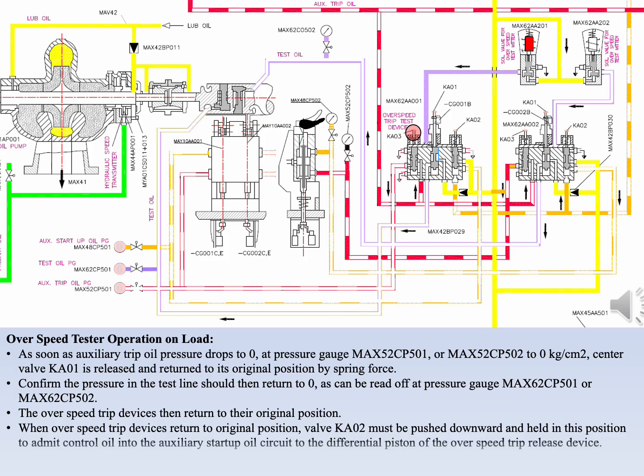The overspeed trip devices then return to their original position. When overspeed trip devices return to original position, valve KA02 must be pushed downward, and held in this position, to admit control oil into the auxiliary startup oil circuit, to the differential piston of the overspeed trip release device.